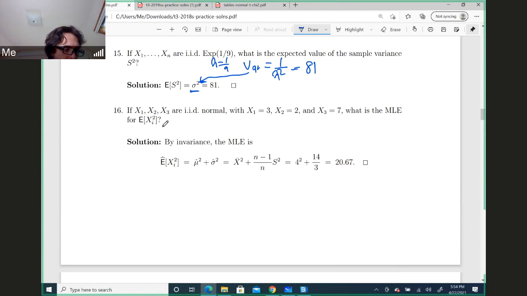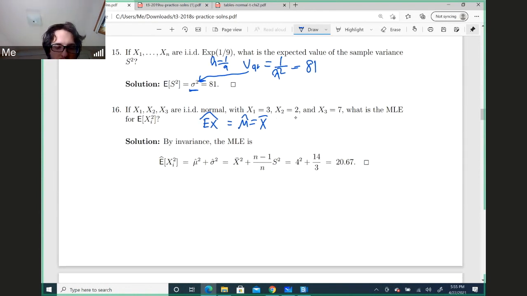What you can do is, for normal random variables, the maximum likelihood estimate for the mean is just equal to the sample mean. And we know that the maximum, and actually that's E of x, I guess, like that.